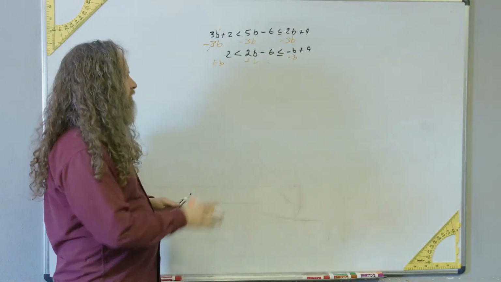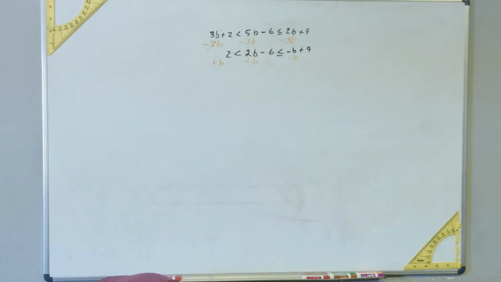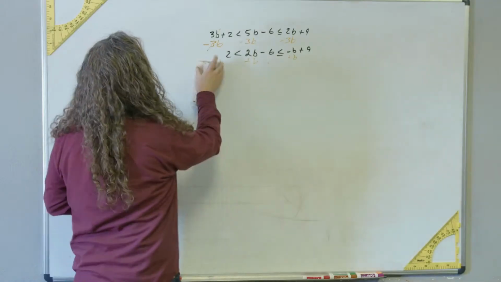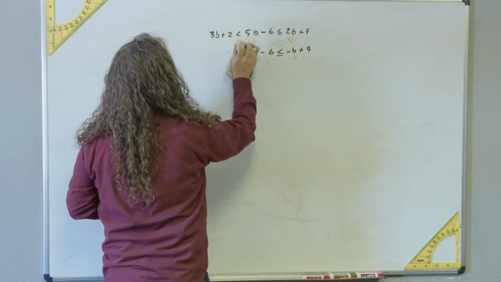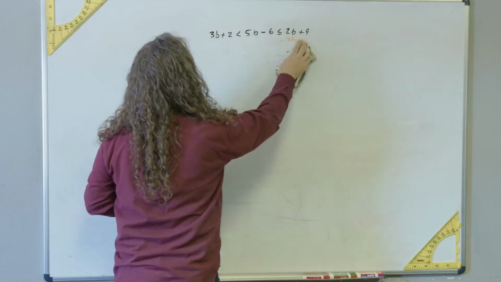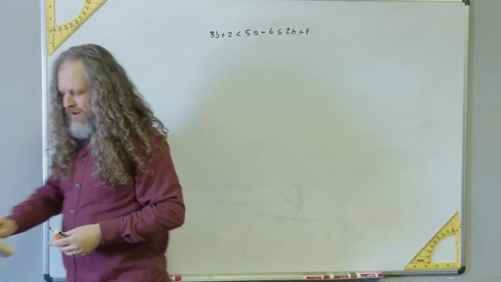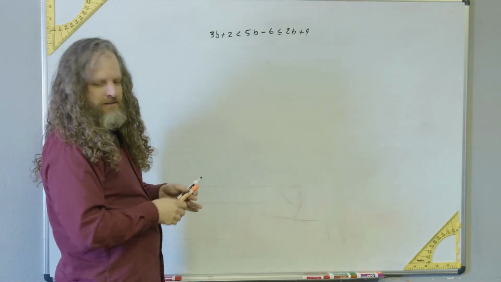Right? So let's go back and use a different tactic. Let's start back at the top again. Use a different strategy. Let's turn this compound inequality into 2 separate inequalities.